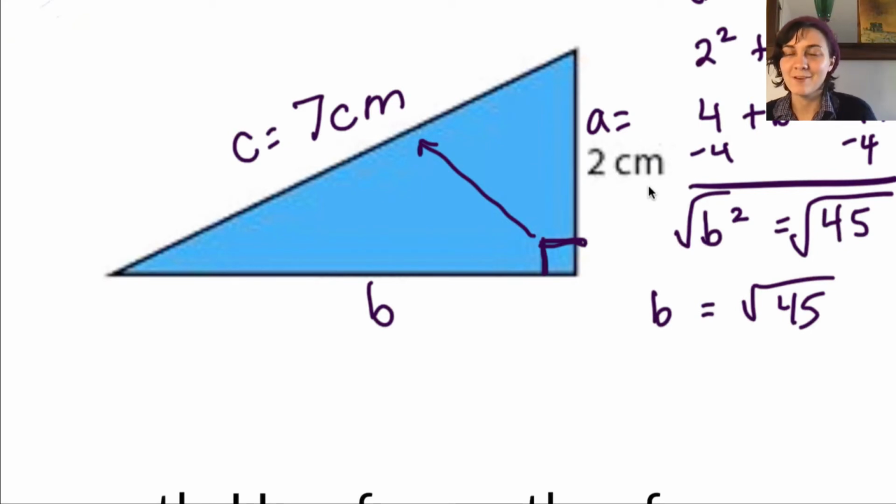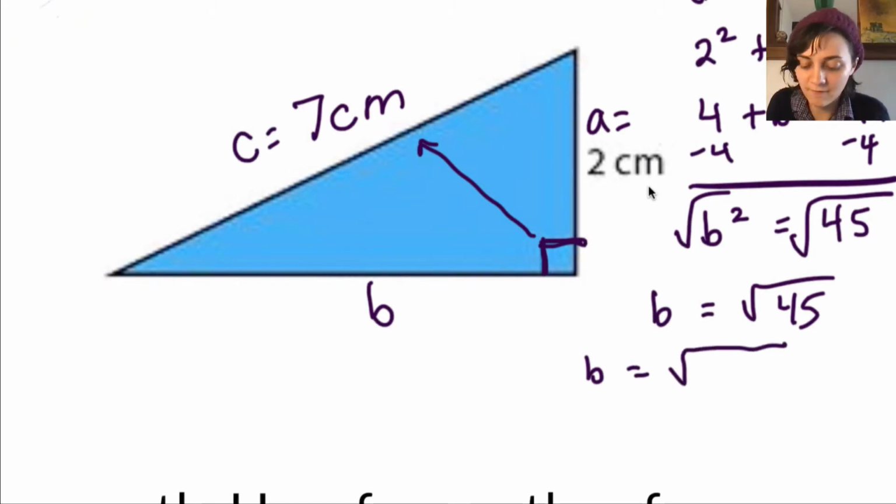But what I would most prefer is if we were able to simplify this, and so I'll show you a really cool trick to simplify this. I know 45 is 9 times 5. So I can't take the square root of 45, but when I split it up into 9 times 5, I see that I can take the square root of 9, right?